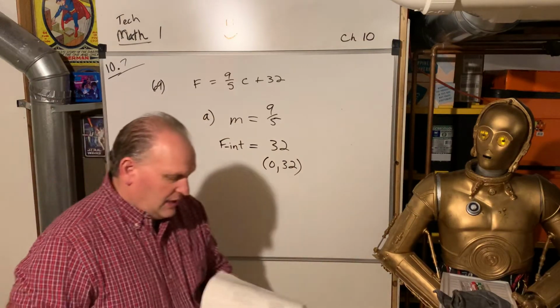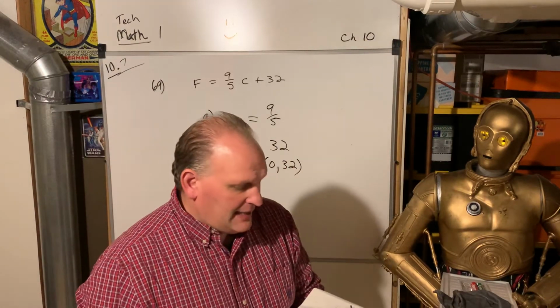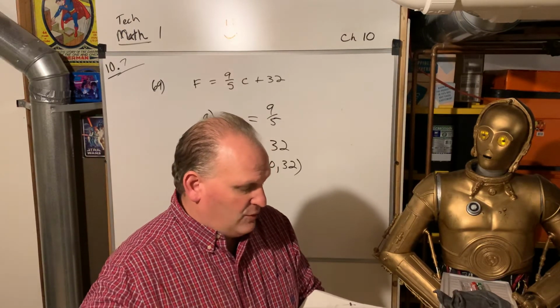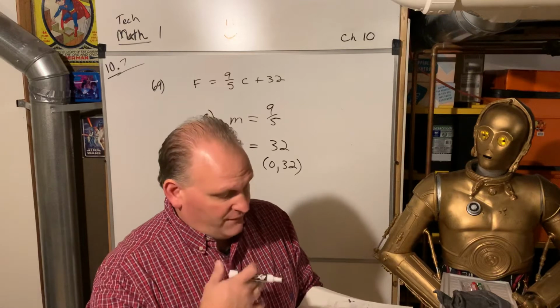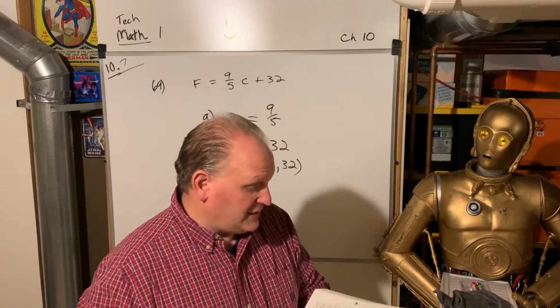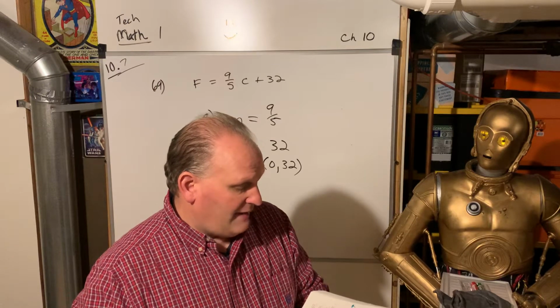All right, and then they have it graphed. Now notice on the graph in your book, they go like 20, 40, 60. So it isn't 1, 2, 3, 4. So make note of the scale that they're using when you do graphs.